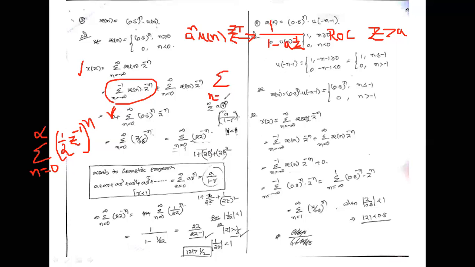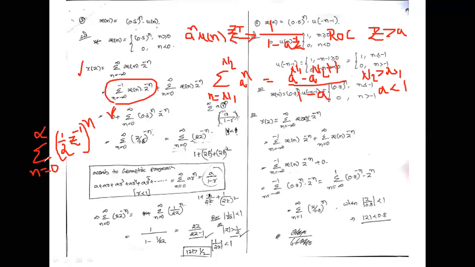When n is equal to n1 to n2, the sum of a power n is equal to a power n1 minus a power n2 plus 1, by 1 minus a, and you have to have the conditions n2 greater than n1 and a less than 1. A is less than 1, my dear students.